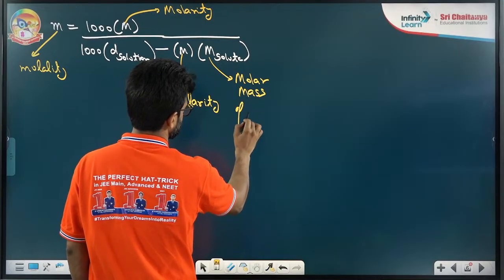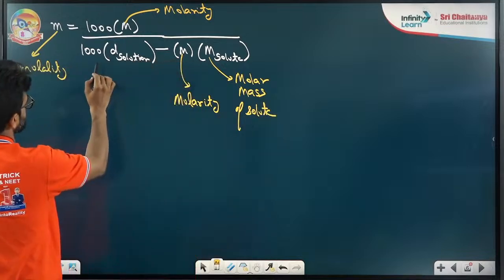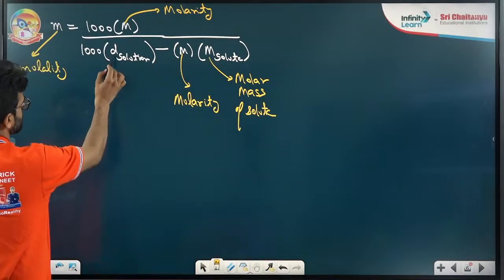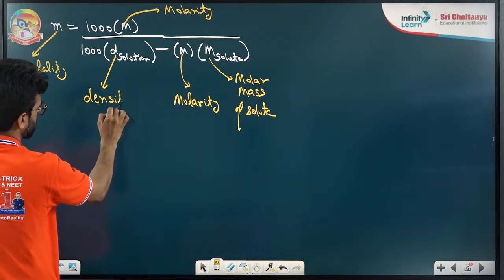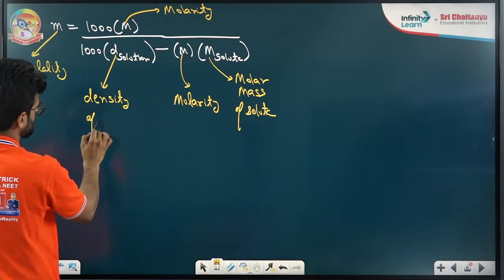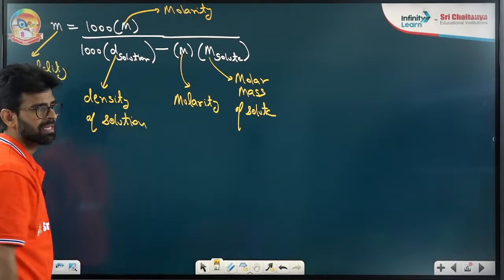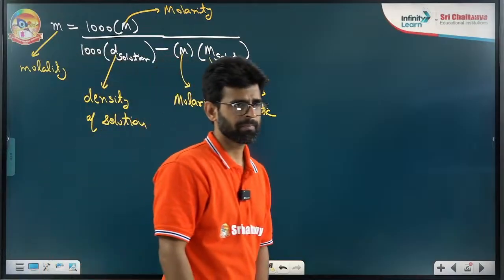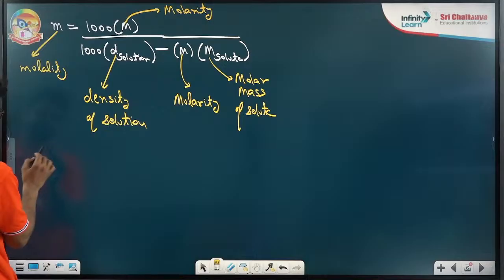Here it is the density of solution, very easy. You can see clearly, still I'm writing to avoid confusion. It is the density of solution. Fine. Okay, we can try to solve the above question using this.